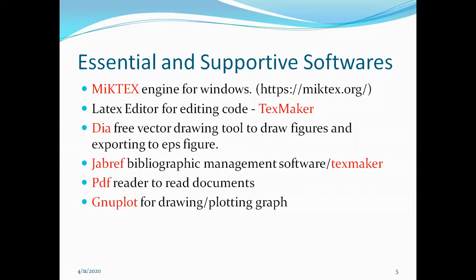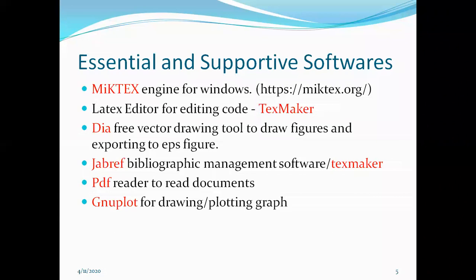Basically, LaTeX requires images with the extension EPS, encapsulated PostScript, which you can make using this Dia tool. Dia is a tool for drawing images and diagrams. Then JabRef for bibliography references. Each paper has references, right?